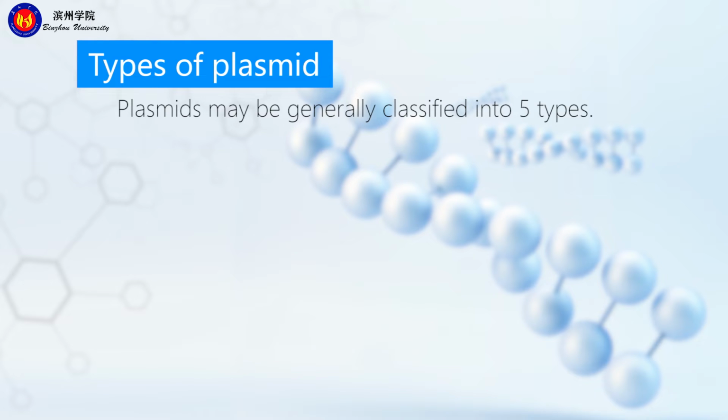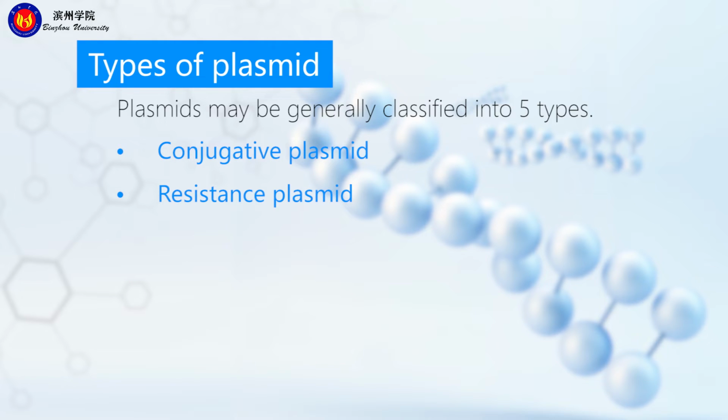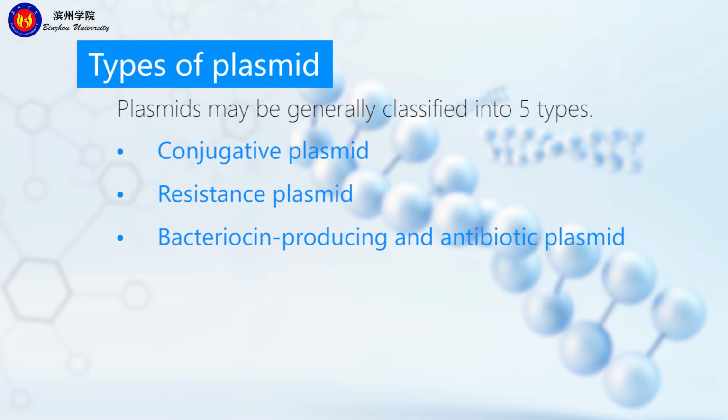Generally, plasmids can be classified into 5 types. The first one, conjunctive plasmid. Second one, resistance plasmid. The third one, bacteriocin-producing and antibiotic plasmid.